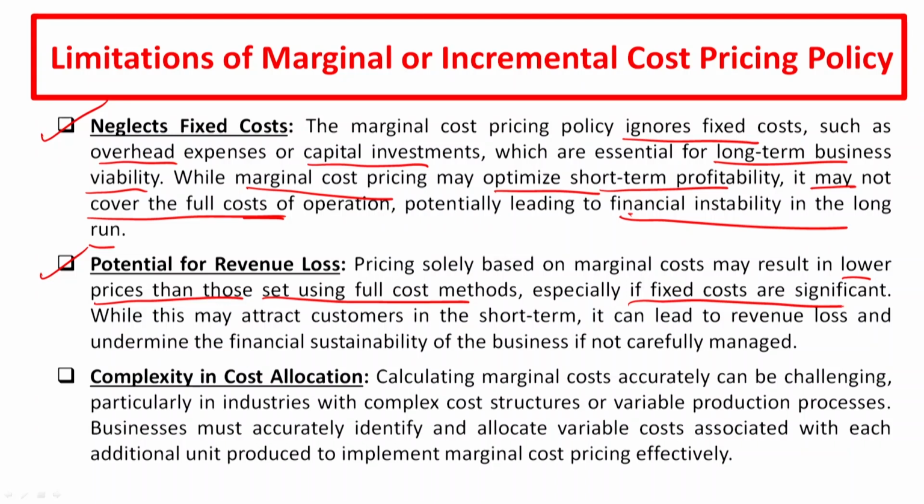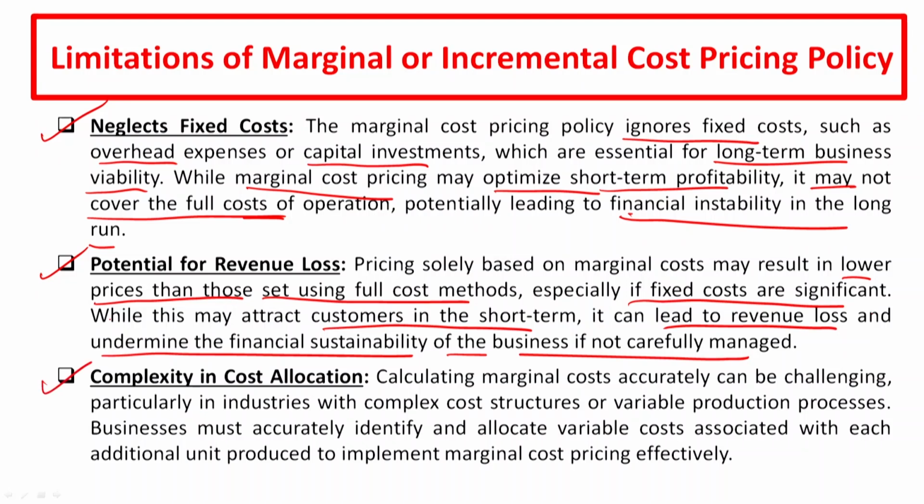So, wherever there is involvement of fixed cost and that is not ascertained or included, it might result into financial revenue losses for the specific firm. While this may attract consumers in the short run, it can lead to revenue loss and undermine the financial sustainability of the business if not carefully managed.